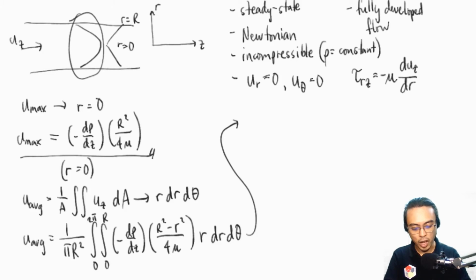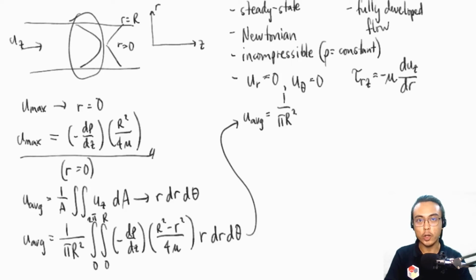We have the average velocity is equal to 1 over pi capital R squared. We will be factoring out all of the constants from our equation. So that includes negative dp over dz, the 4 mu in the denominator, as well as the capital R squared.